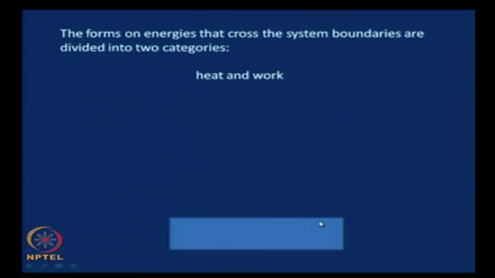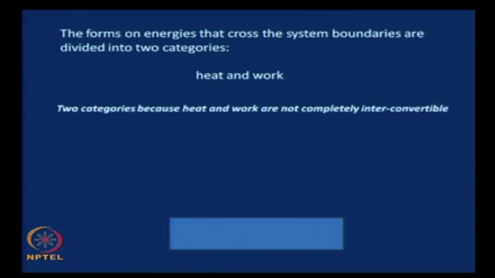The forms of energies that cross the system boundaries are actually divided into two categories: heat and work. Why do we need to divide these into two categories, heat and work? It's essentially because heat and work are not completely interconvertible. You cannot convert heat into work completely, and therefore you need to consider them as two separate entities.